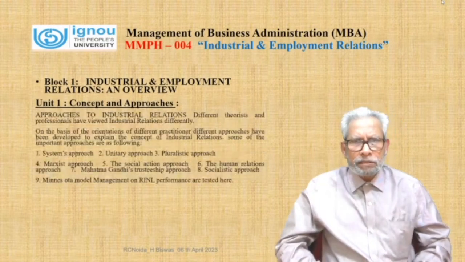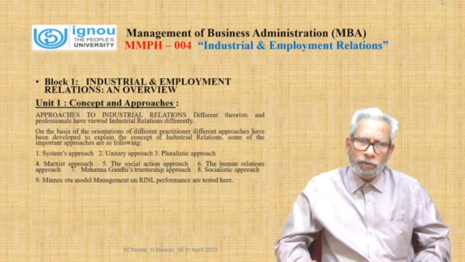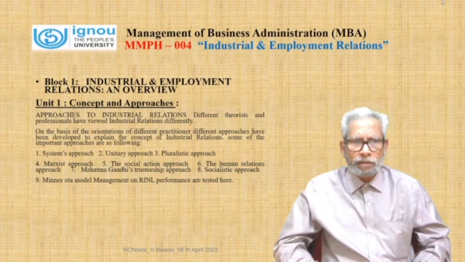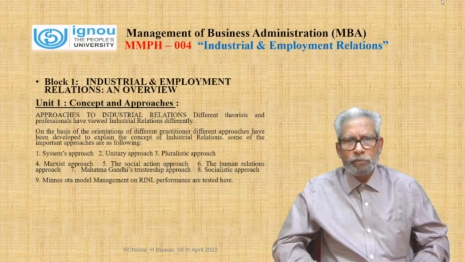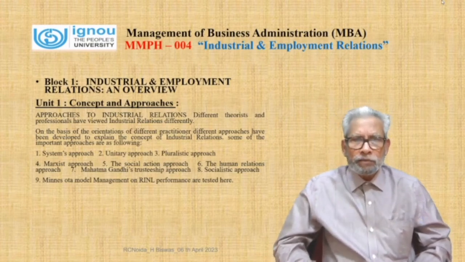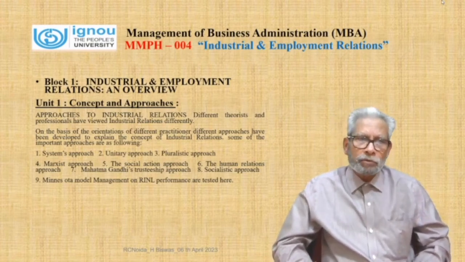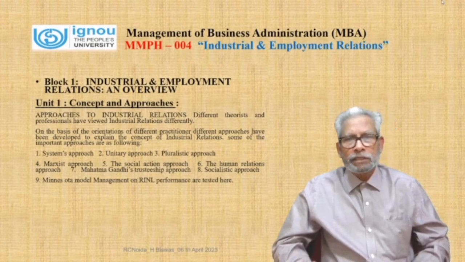Approaches to industrial relations, different theories. Different professionals have viewed industrial relations differently. On the basis of the orientation of the different practitioners, different approaches have been developed to explain the concept of industrial relations.